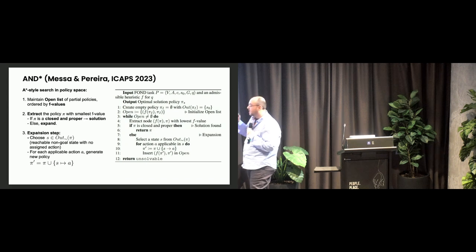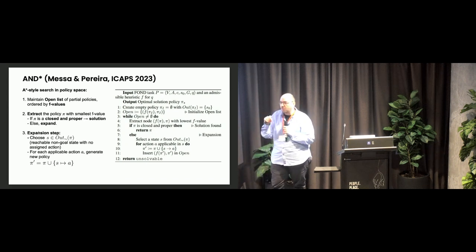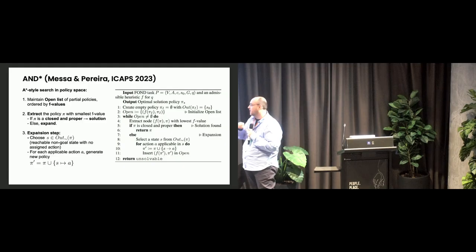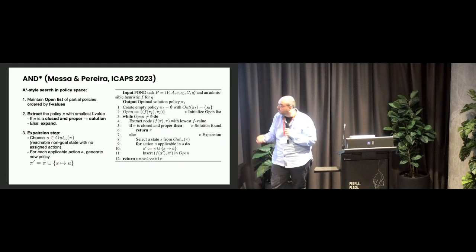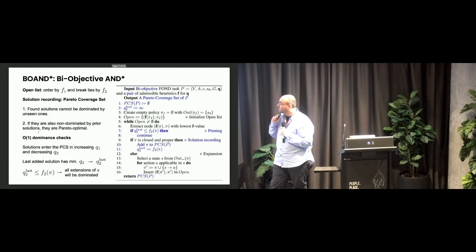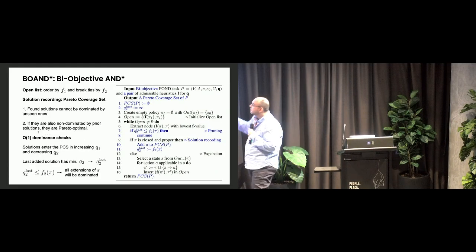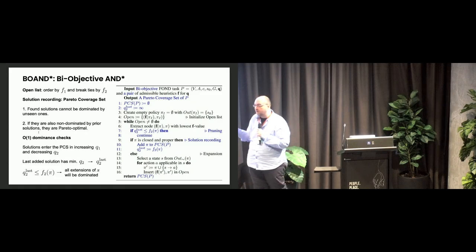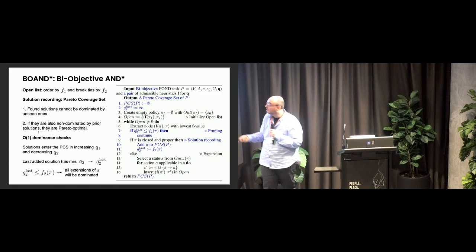The expansion step here consists of choosing one of the outgoing states, or the states that the policy has not assigned an action to yet. And then for every applicable action, we generate a new policy by adding the corresponding assignment. In our extension, since we have a pair of metrics, we are going to have a pair of F values.